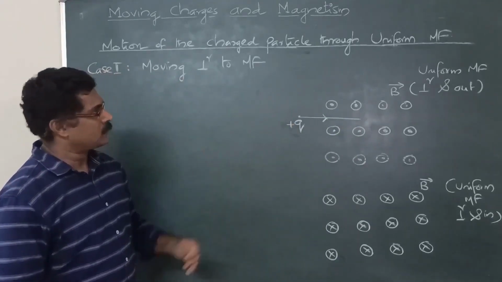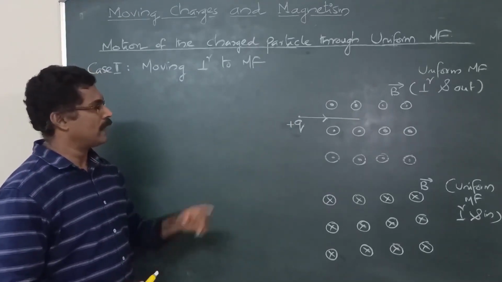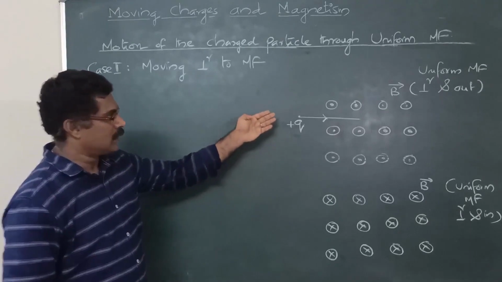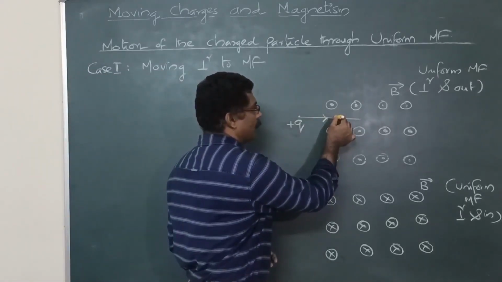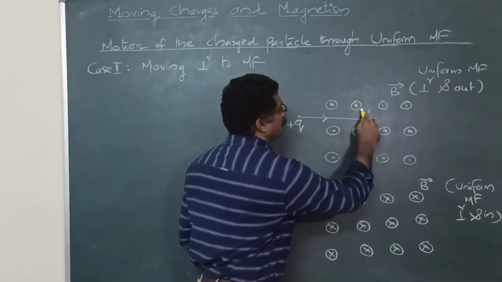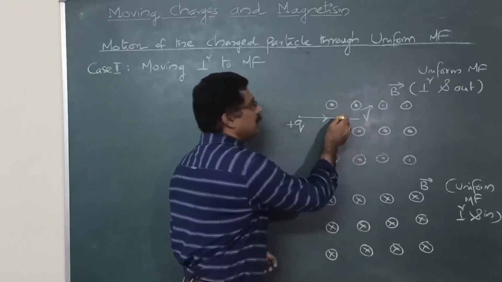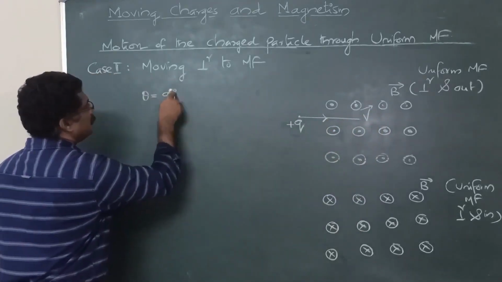Okay, you can expect so many questions. First point, the charged particle is moving perpendicular to the field, because the field is perpendicular and outward. So the angle between the velocity vector and magnetic field vector is 90 degrees, so the angle theta is equal to 90 degree.